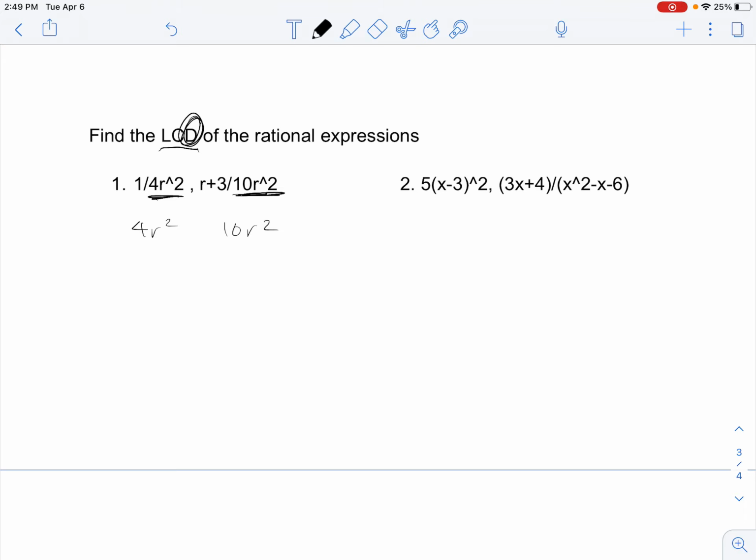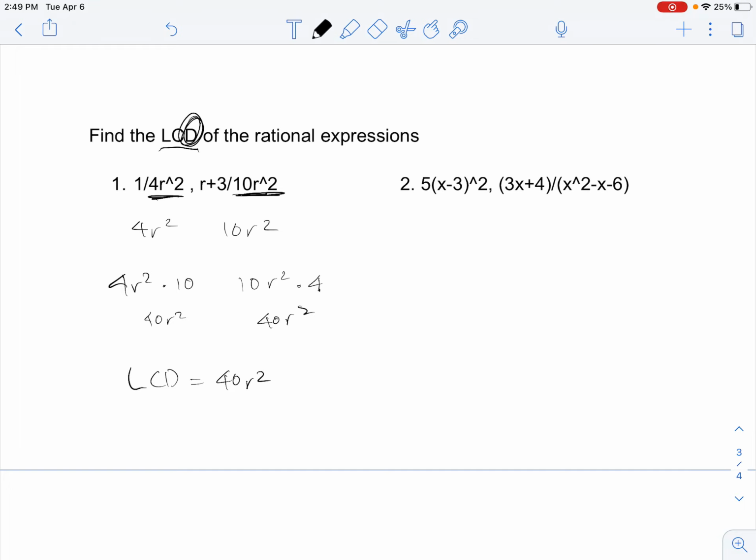And to do that, we just gotta find a common multiple. If we were to multiply this 4r squared by 10, and if we were to multiply 10 by 4, they would both share 40r squared. In this case, that would mean that our LCD would be 40r squared.